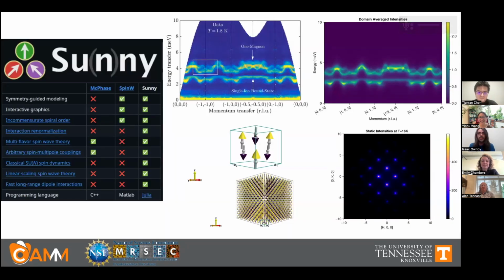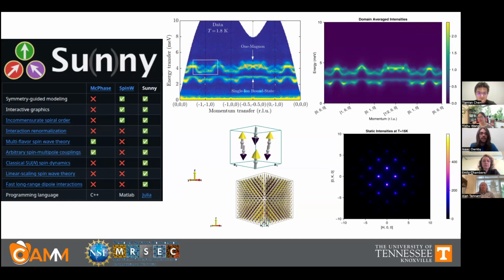As you heard Tianran mention earlier, we have a collaboration with Los Alamos National Lab and UTK's CAMM under MRSEC to support the development of this Sunny software. It is based on the SU(N) group theory for linear spin wave theory.